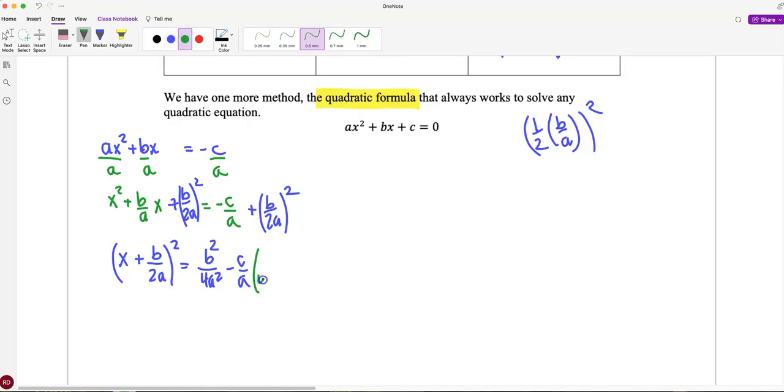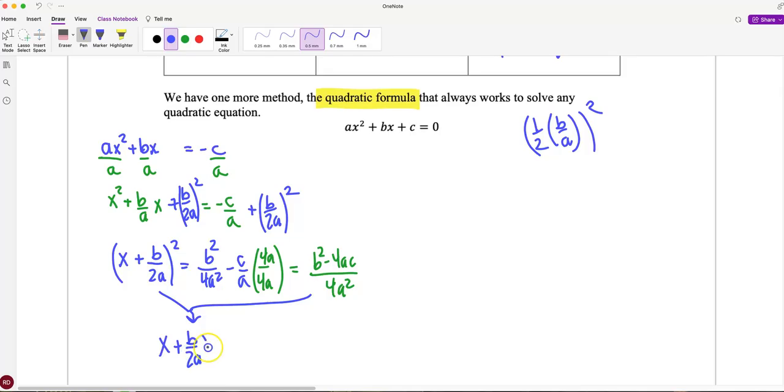So if I multiply this by 4a over 4a, the common denominator is 4a squared. So I get b squared minus 4ac over 4a squared. So tied together, this is what we have now. You've got x plus b over 2a squared equals b squared minus 4ac over 4a squared.